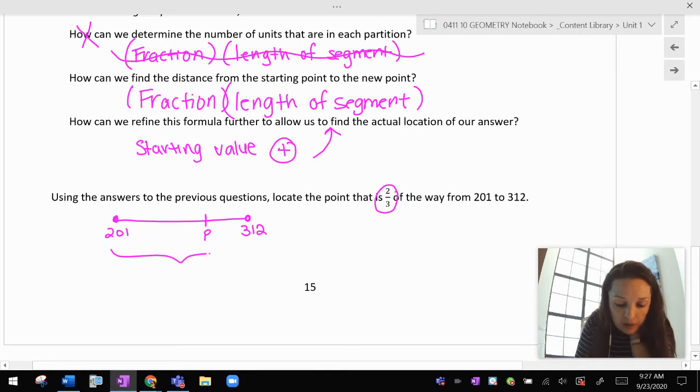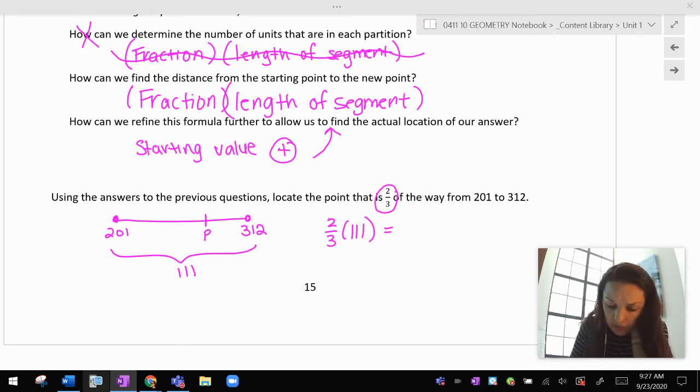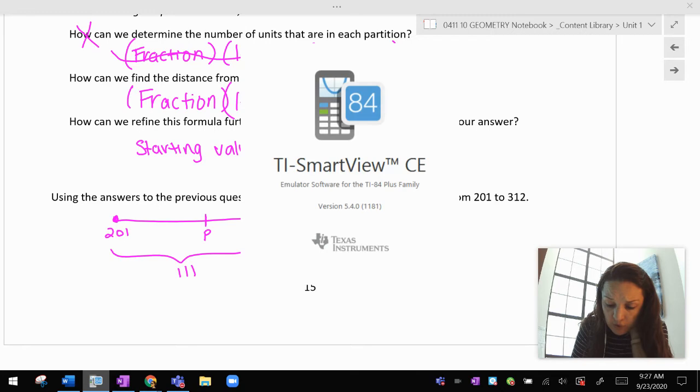My entire distance from 201 to 312 is 111, and I want to go 2/3 that length. So 2/3 times 111 is going to be, let's see, I'll pull up my calculator. 2 times 111 is 222. That is going to be 74, I believe. But I'm just going to double check.